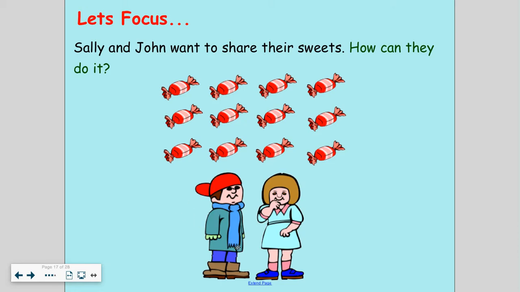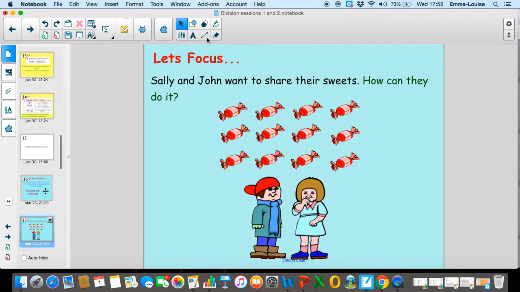Looking at the board and on the screen, I can see I have an array of sweets. It looks to me like they are organised very neatly. I can see there are 3, 6, 9, 12 sweets altogether. Well, I already know that half of 12 is 6.